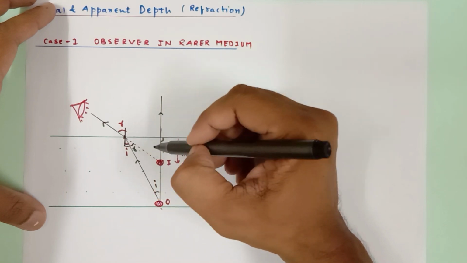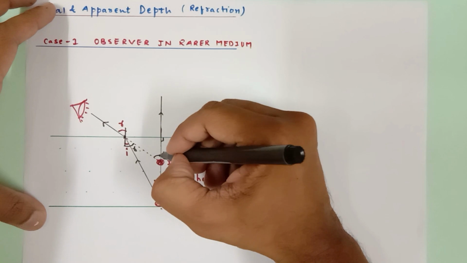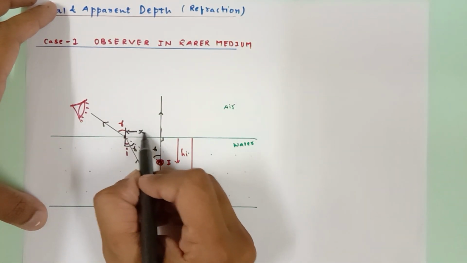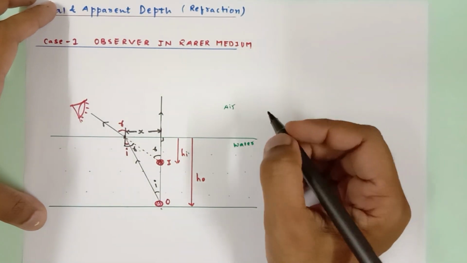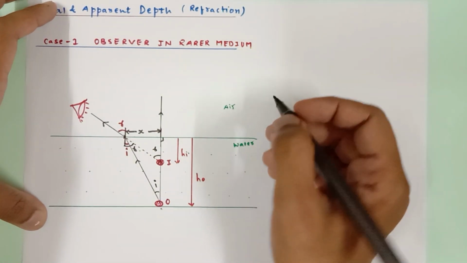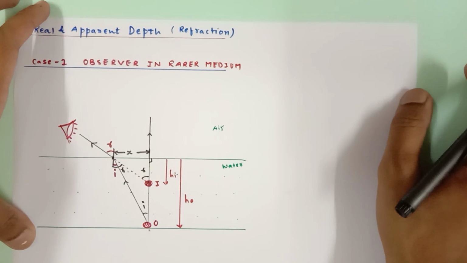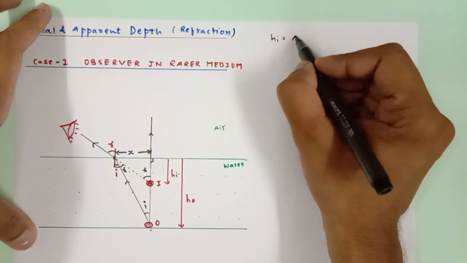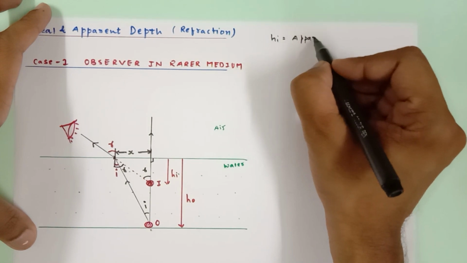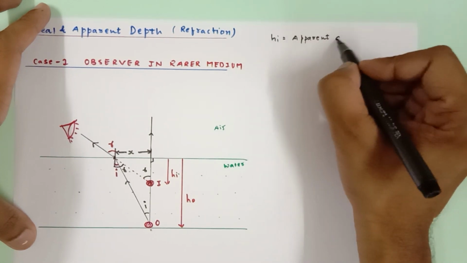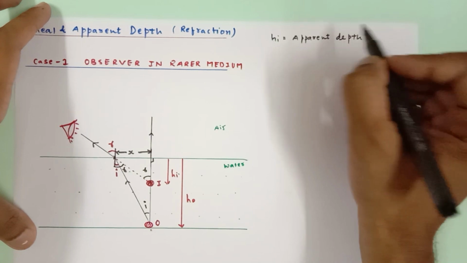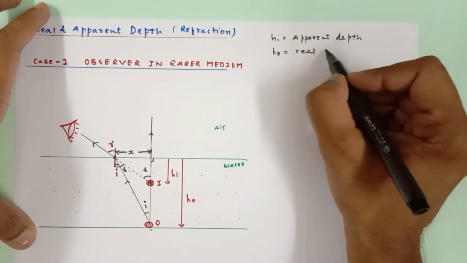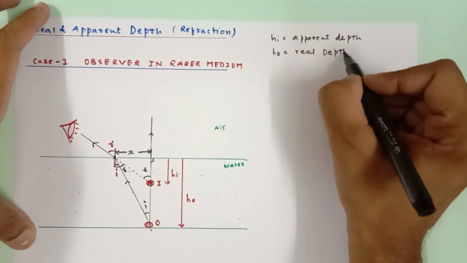So if this angle is R, then this angle is also R, people. And I am going to mark this distance as x. Correct? Okay. Now what are HI and HO? Let me write it down. HI is the apparent depth, whereas HO is the real depth.